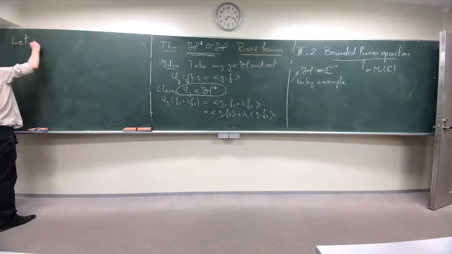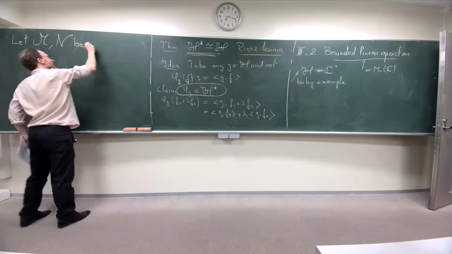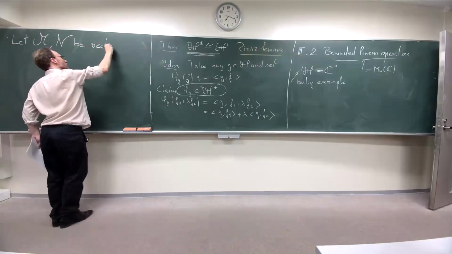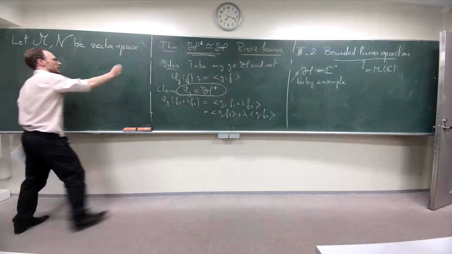So let M and N be vector spaces. In a vector space, you can do addition.